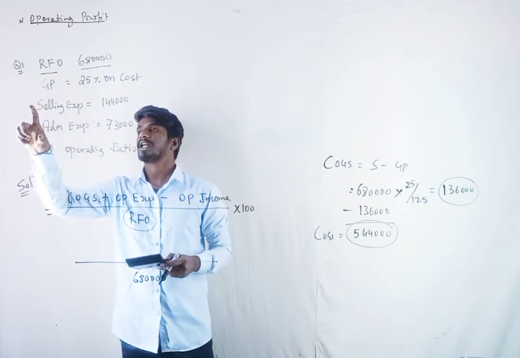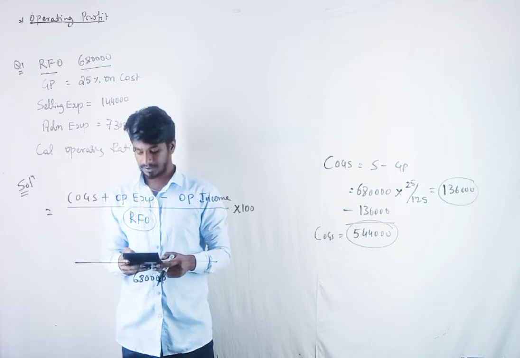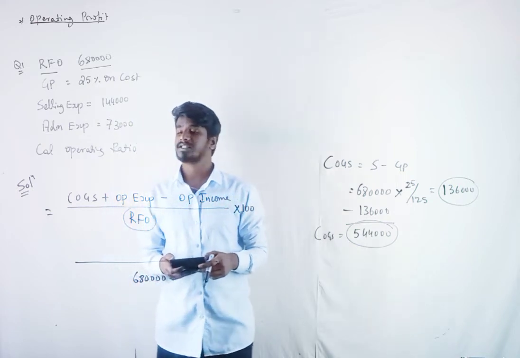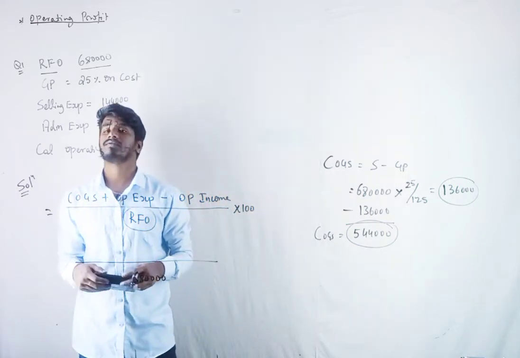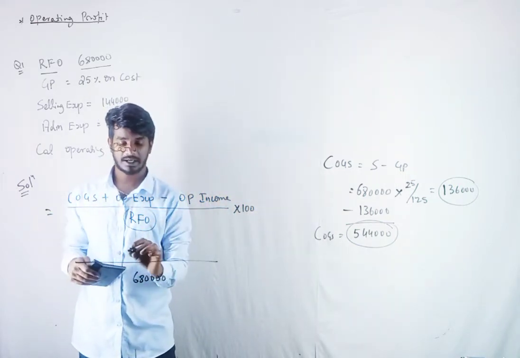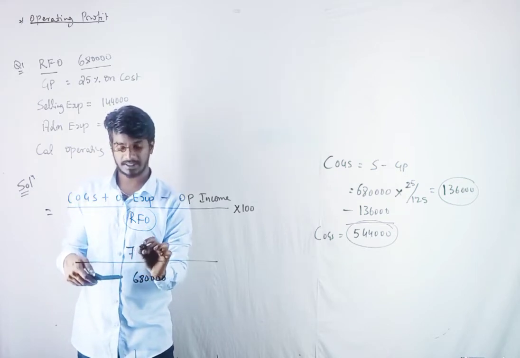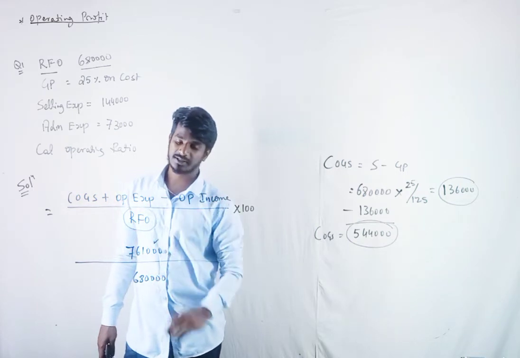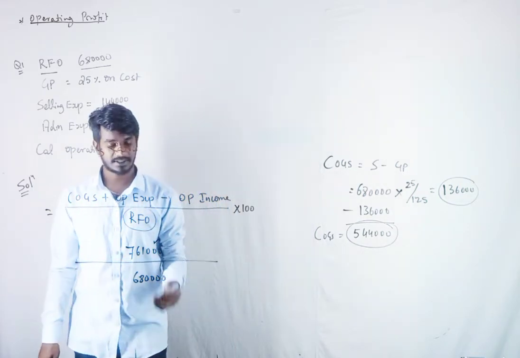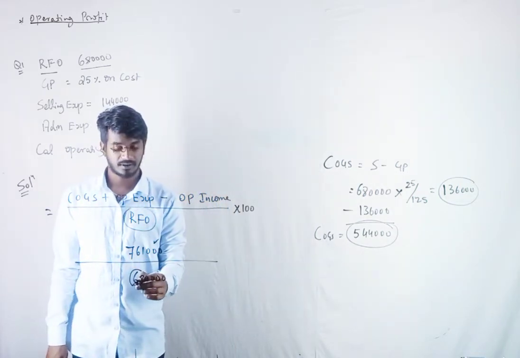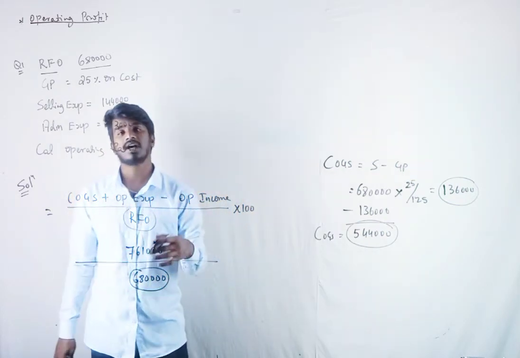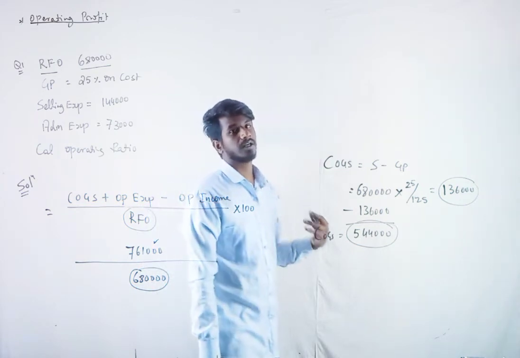These both are operating expenses: 1,44,000 plus 73,000. 7,61,000 is whatever expenses we have made. If we made expenses of 7,61,000 and the sale is 6,80,000, it means we are in loss.